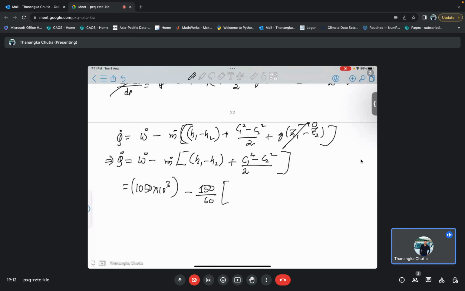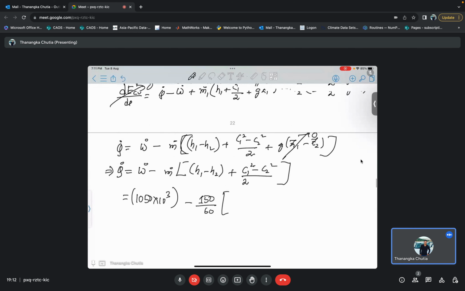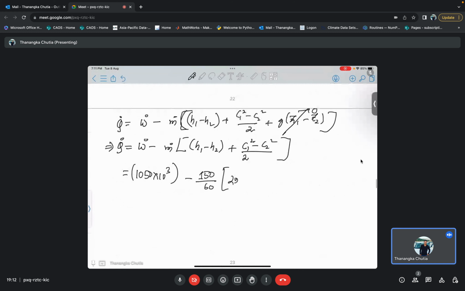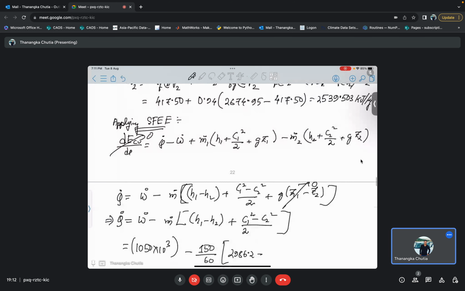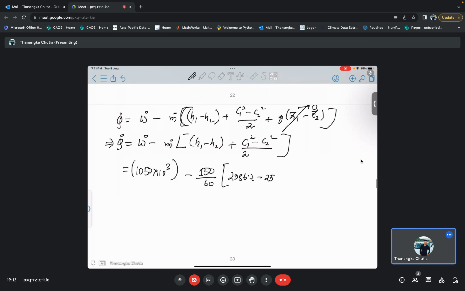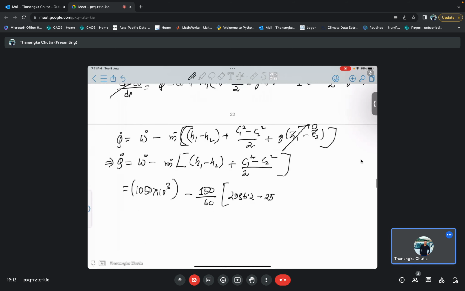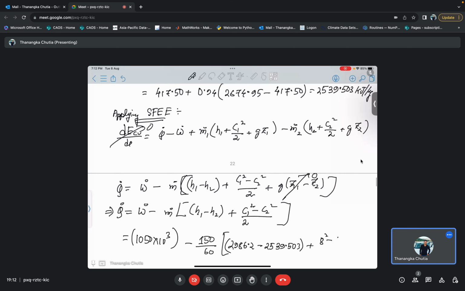H1 is 2986.2 minus H2, 2539.503, plus C1 squared, 8 squared, minus 65 squared, divided by 2000 to make this kilojoule.